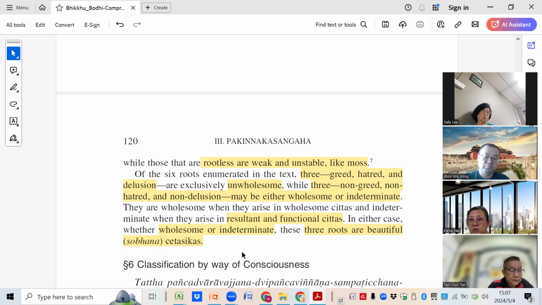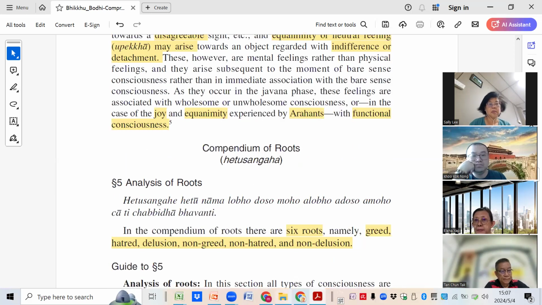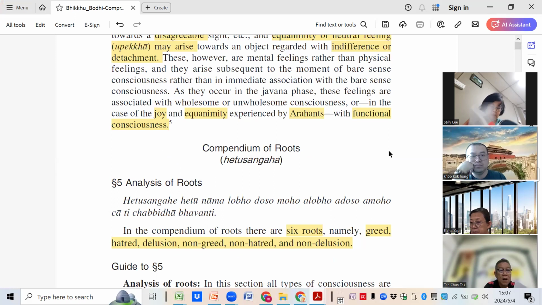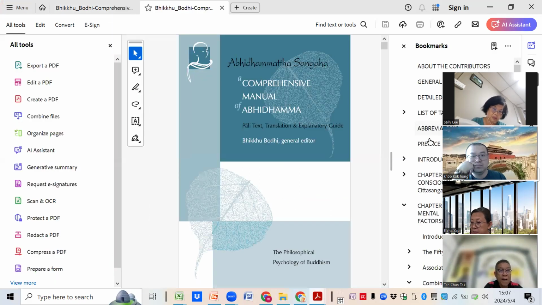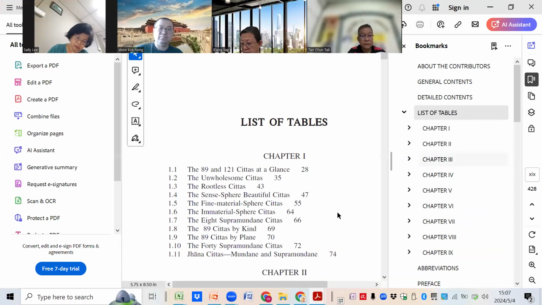Okay, so class, in order for the explanation, please go to chapter 2 and flip to the diagram for the 52 cetasika, please. Meaning to say the list or table in chapter 2.